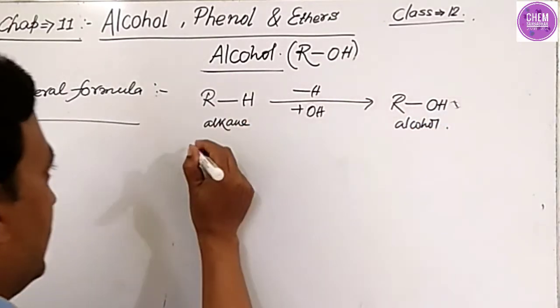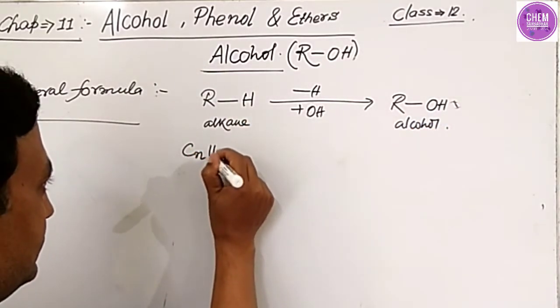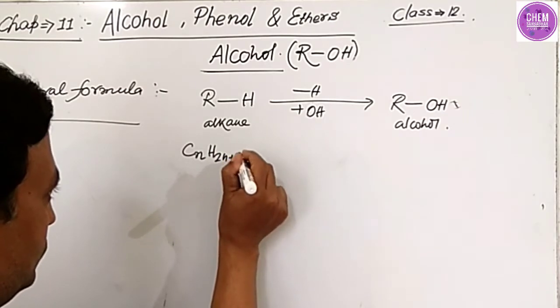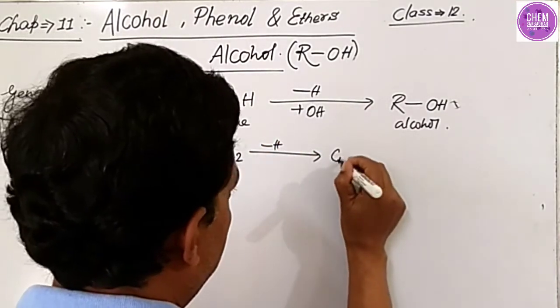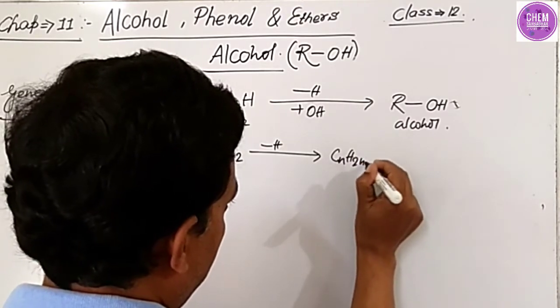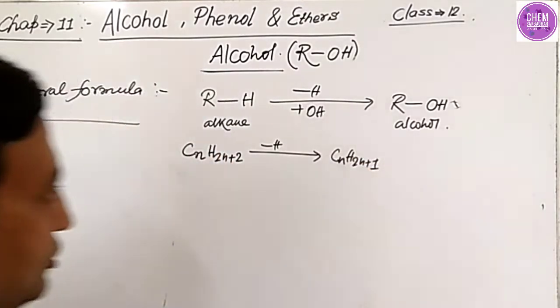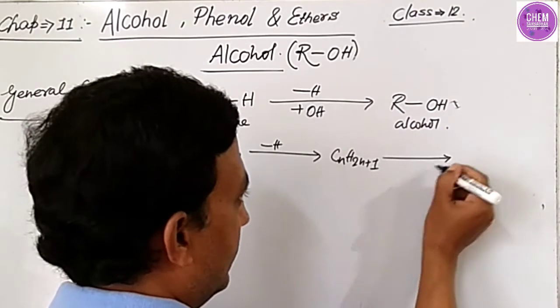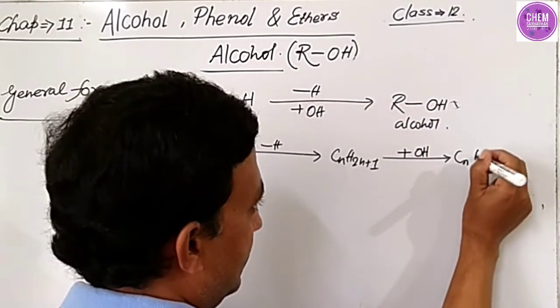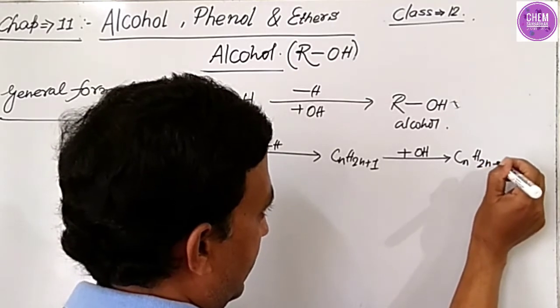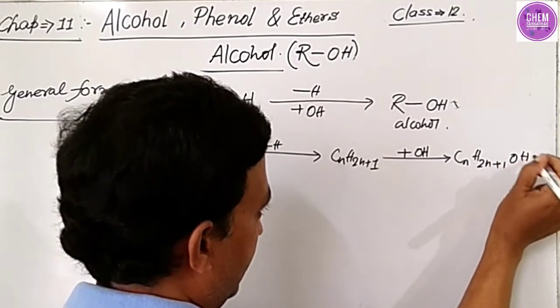Now the general formula of alkane is CnH2n+2. If one hydrogen is replaced, the formula becomes CnH2n+1, and it is replaced by OH, so CnH2n+1OH.